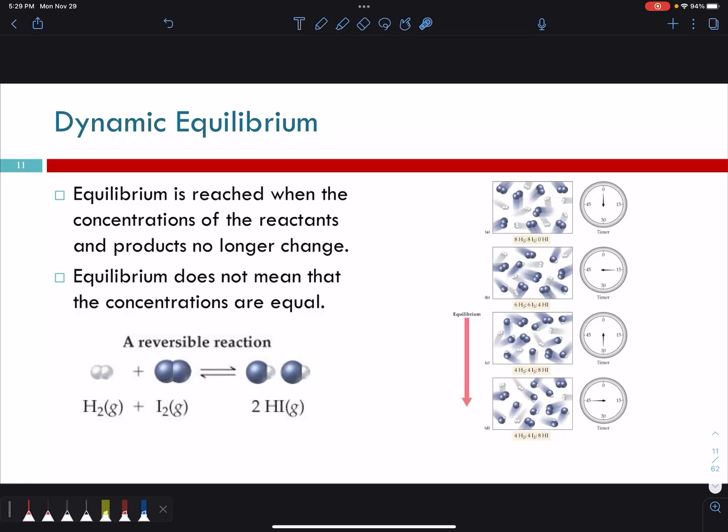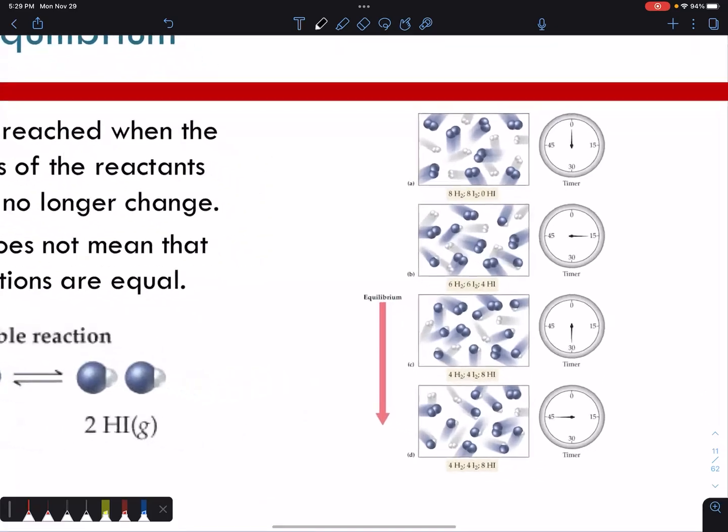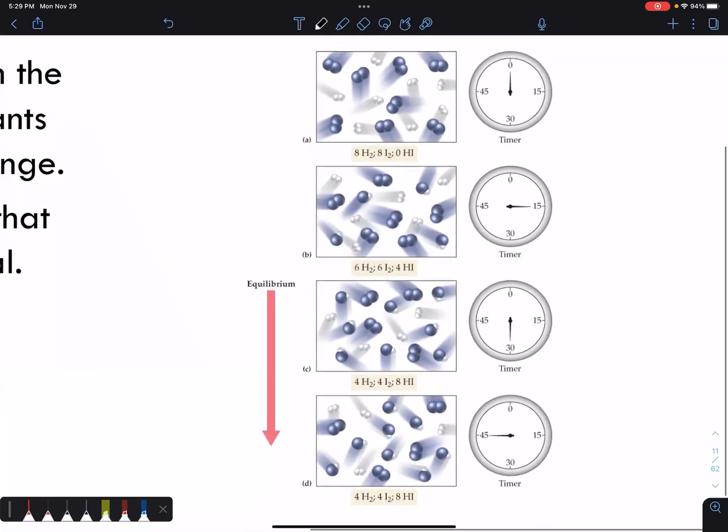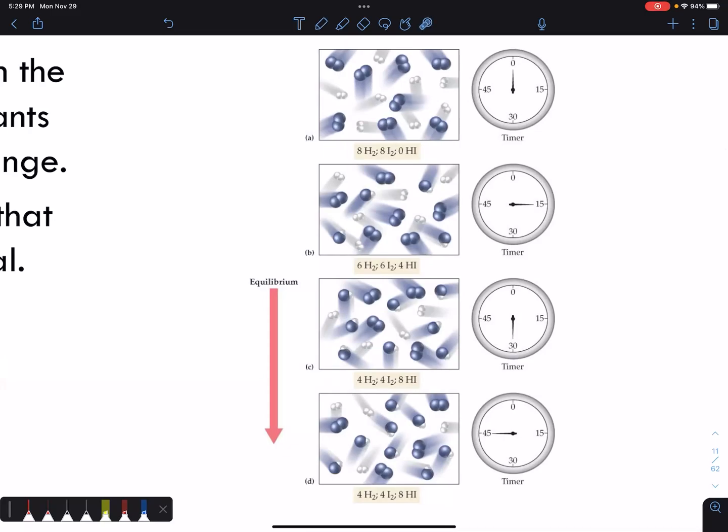So we look at this reversible reaction, again, hydrogen and iodine. I'm going to zoom in over here. We'll zoom back out in a second. So when this reaction starts, it's all hydrogen and it's all iodine, right? So T0. If we let 15 minutes pass, though, now we've ended up with 6 hydrogen, 6 iodine, and now 4 hydrogen iodides.